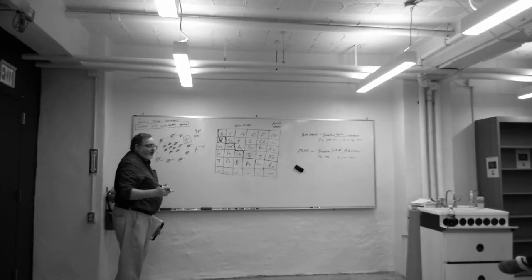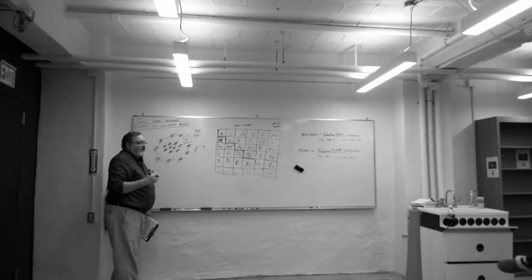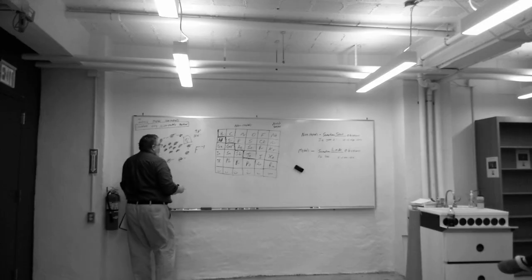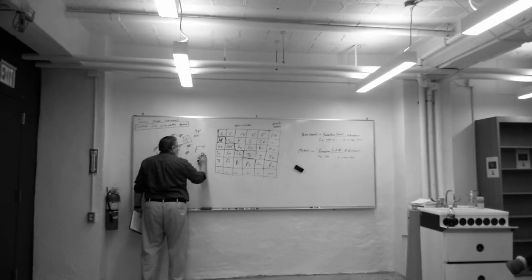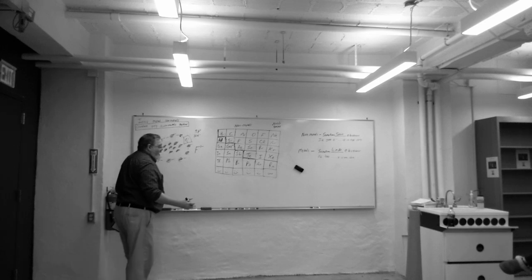So when fluorine gains an extra electron, it's got a -1 charge. For some reason, chemists say 1 negative instead of -1. I go back and forth.